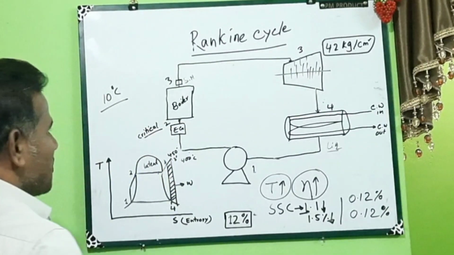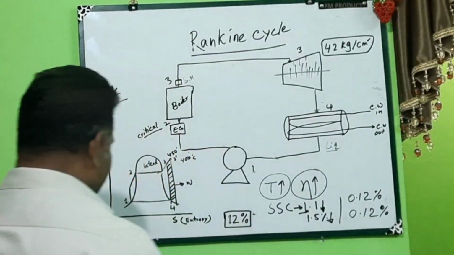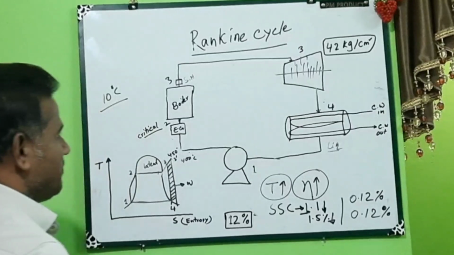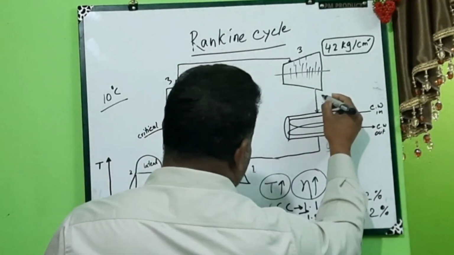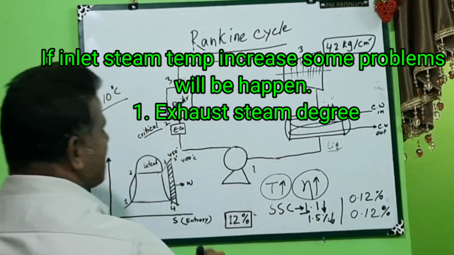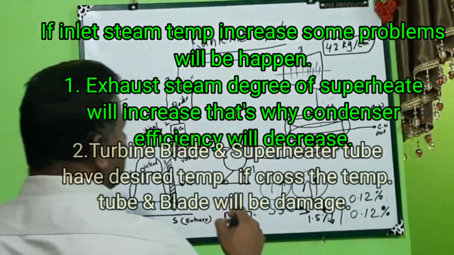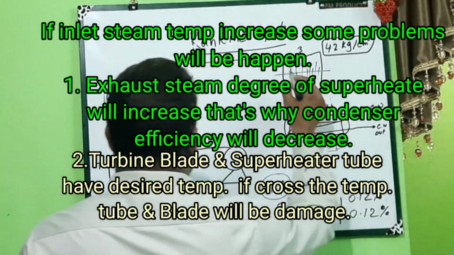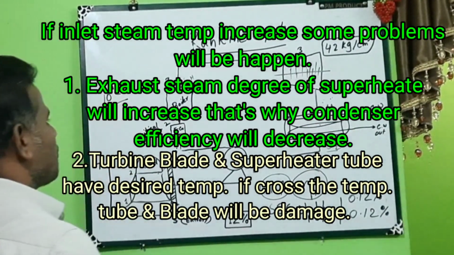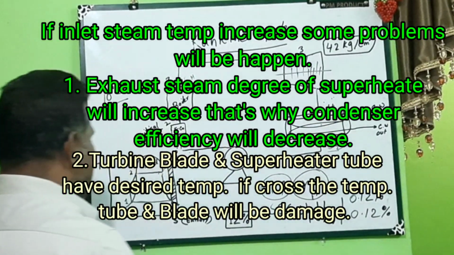That's why you cannot increase temperature more than the desired temperature. So if you increase temperature, these problems will happen. One problem, our turbine outlet degree of heat temperature increases, so the condenser efficiency will come down. Another problem, the turbine blade and superheater tube have some desired temperature. If it crosses the desired temperature, the tube and blade will be damaged.